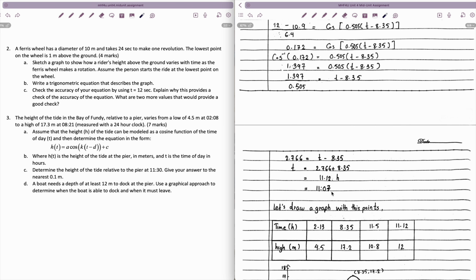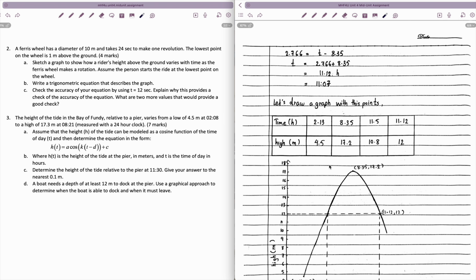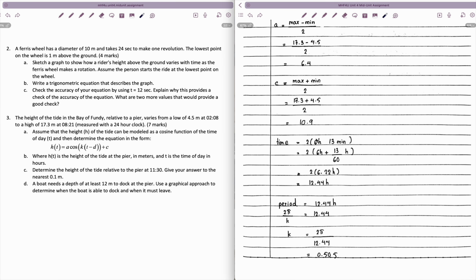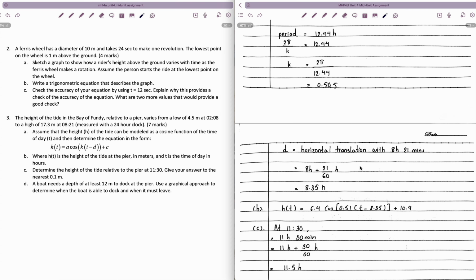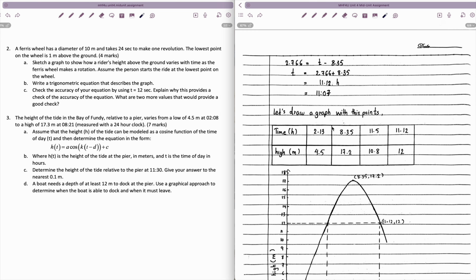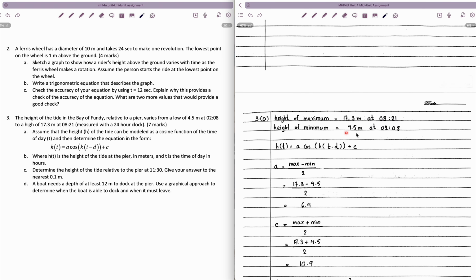Using the points, we draw the graph. At 2 hours 8 minutes, we convert the minutes to hours, so the time is 2.13 hours and the height is 4.5 meter.